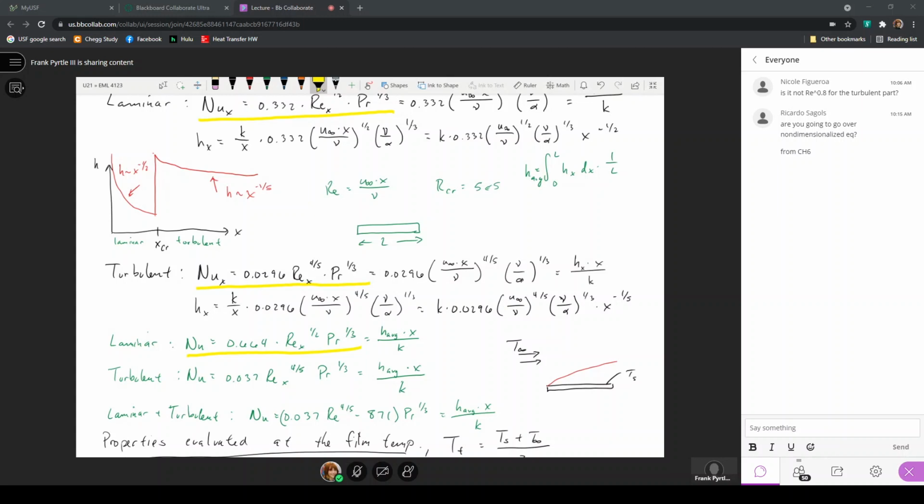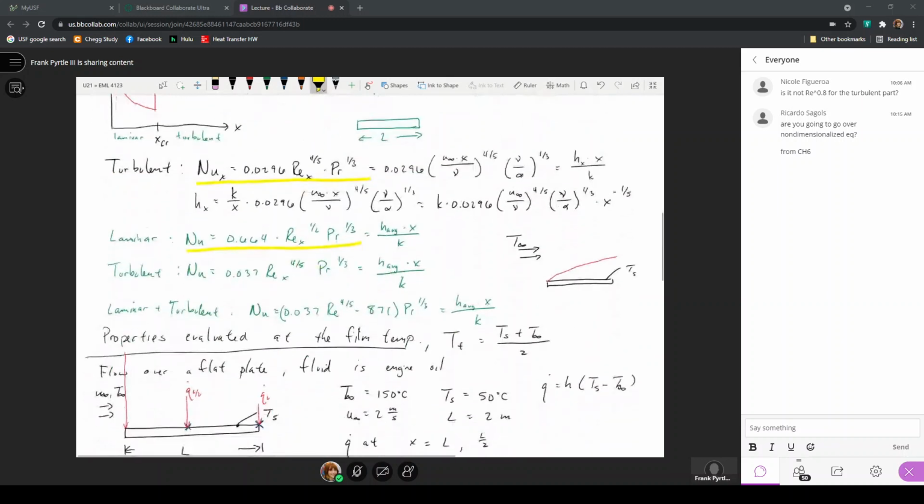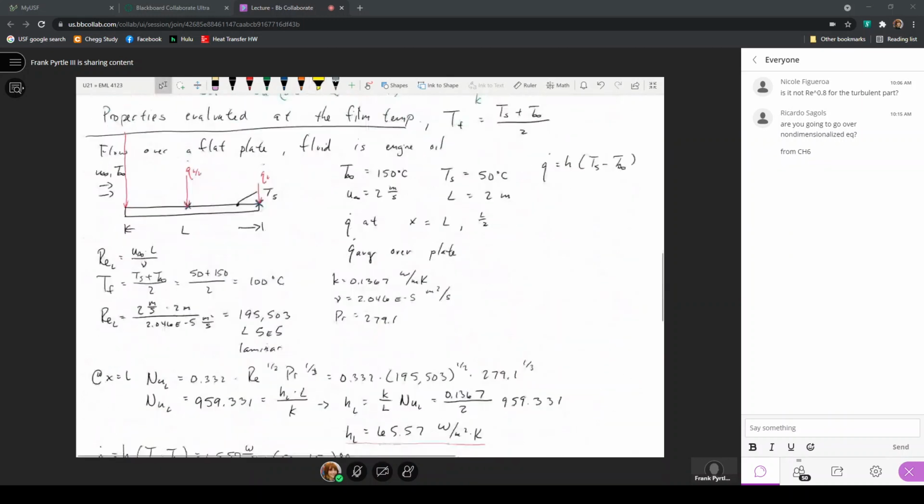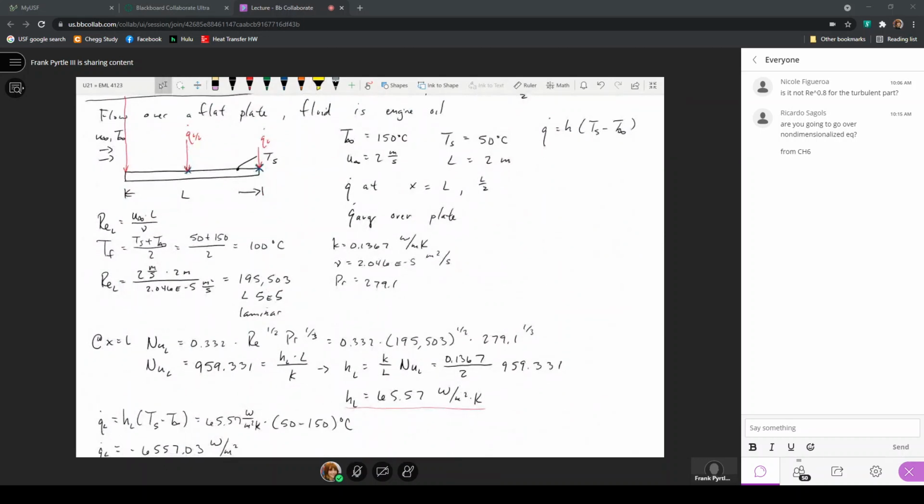Now let's look at a different flow over a flat plate problem, where we're looking for other quantities.